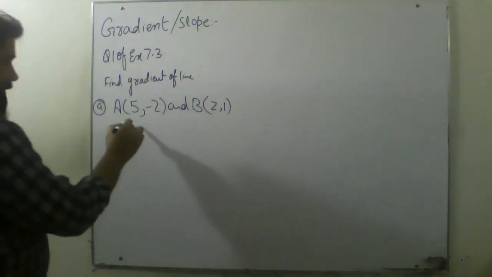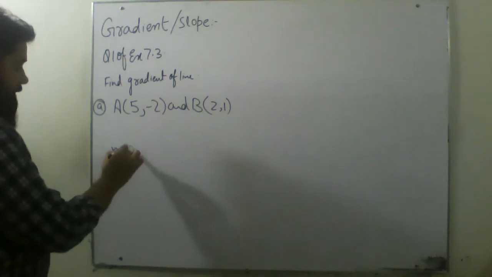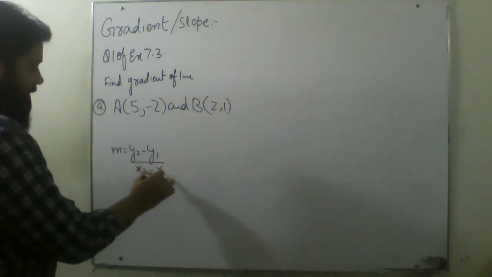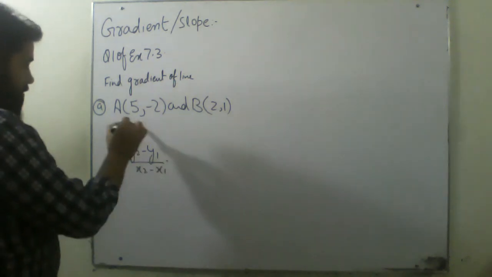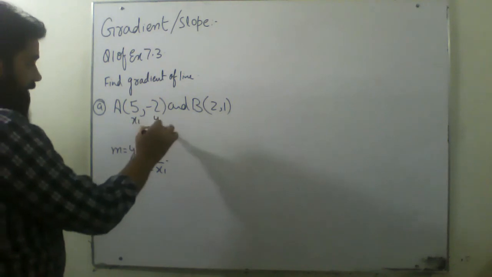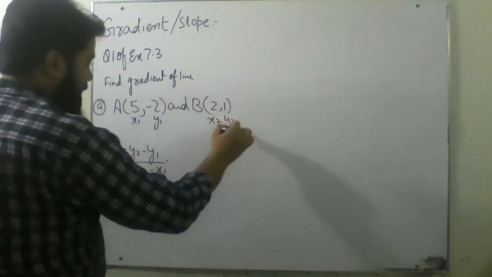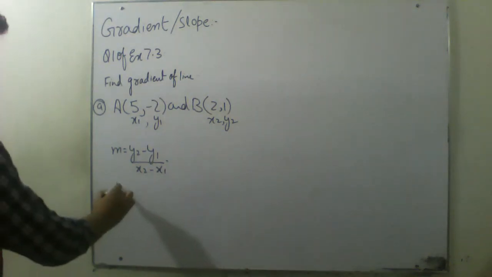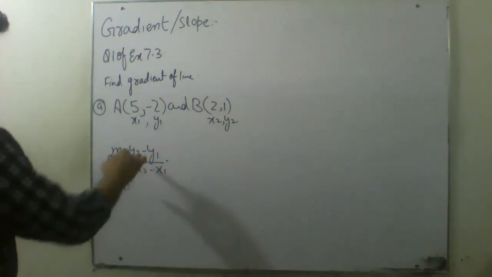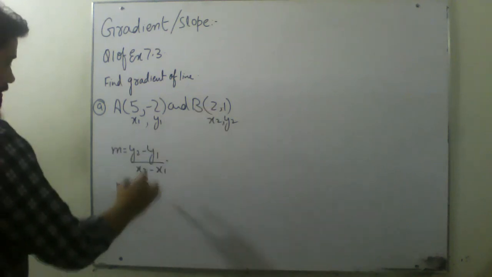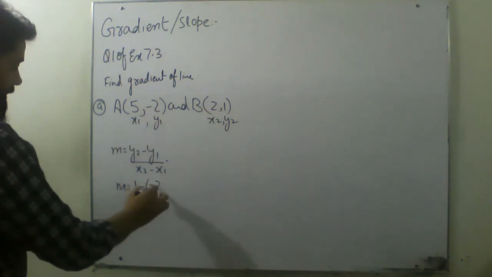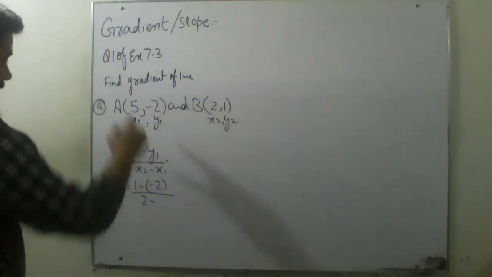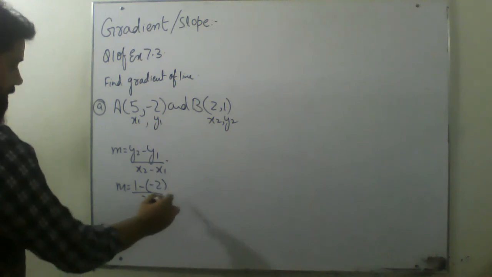So I know that the gradient formula is y2 minus y1 upon x2 minus x1. So x1, y1, x2, y2, right? So m equals y2, that is 1, minus y1, that is minus 2, over x2, that is 2, minus x1, which is 5.